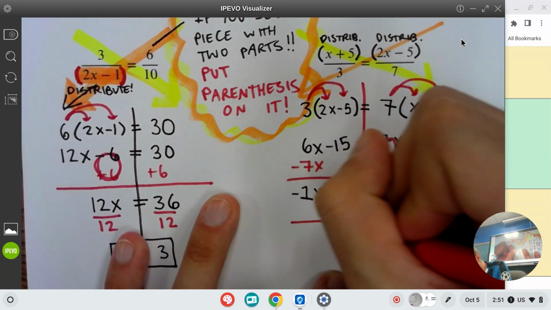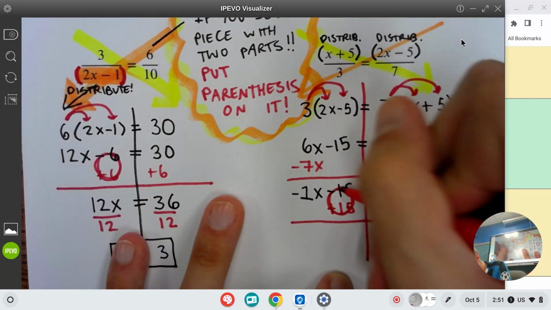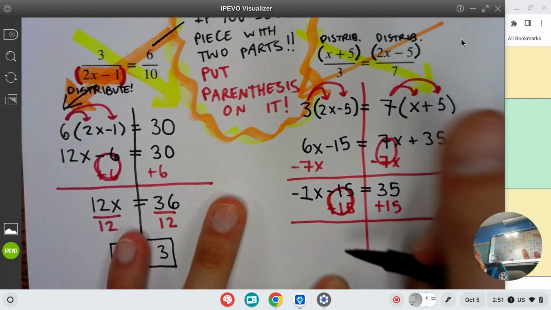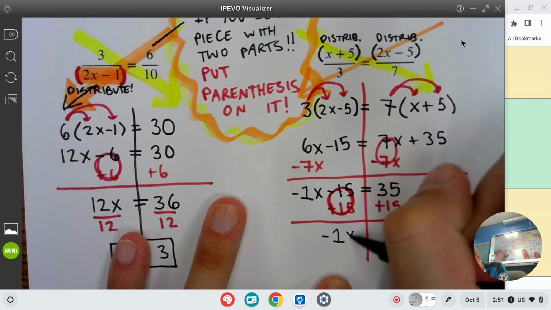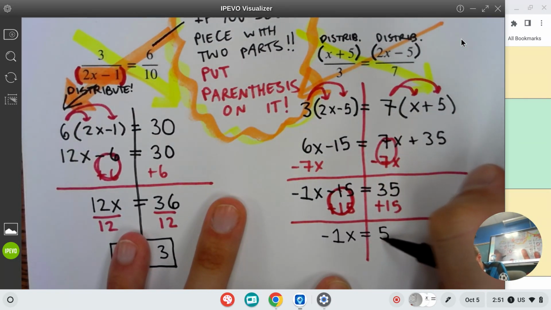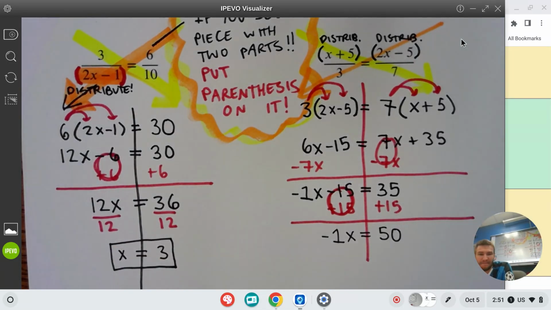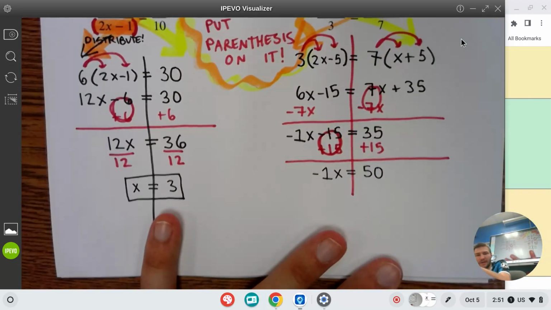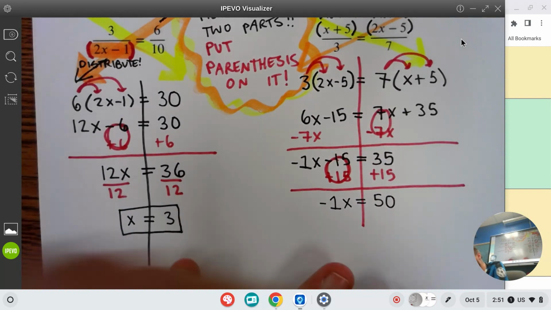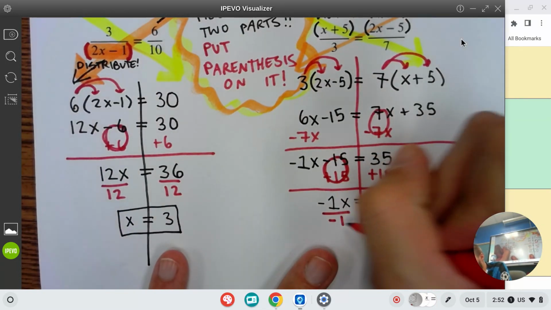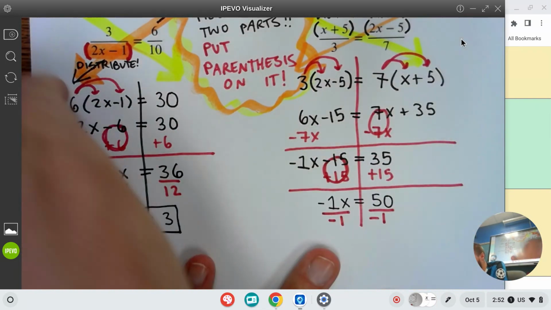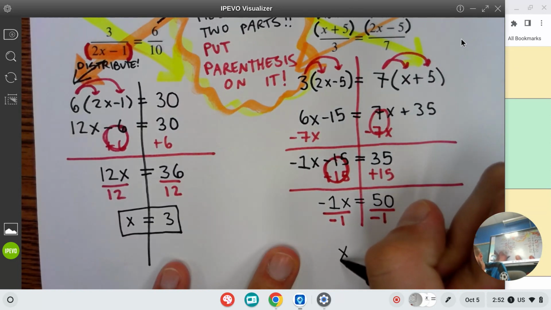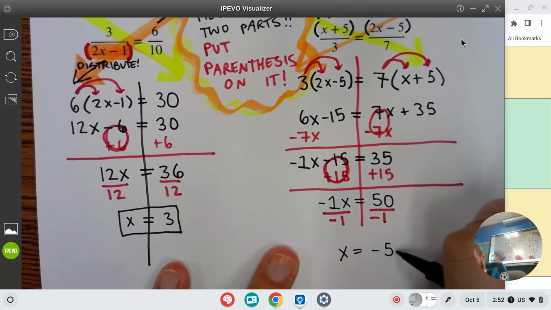All right, easy peasy. That's going to be 0. We're going to have negative 1x equals 50. And how do we finish every question? Divide. Divided by a negative 1. Easy, easy. X equals negative 50. X equals negative 50. All right.